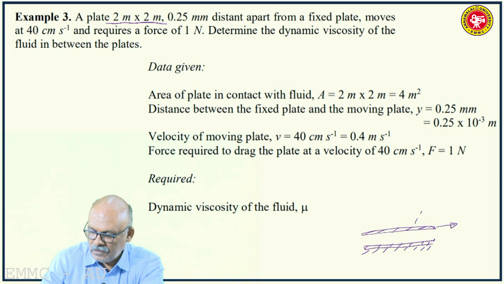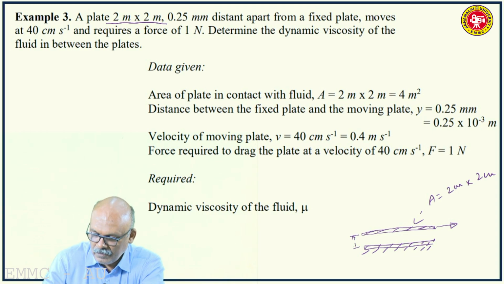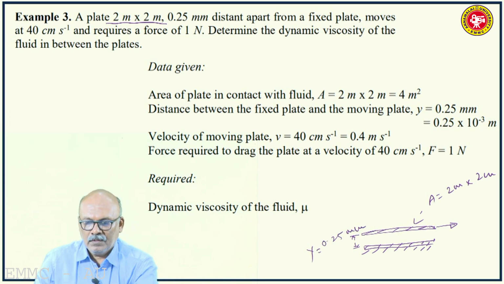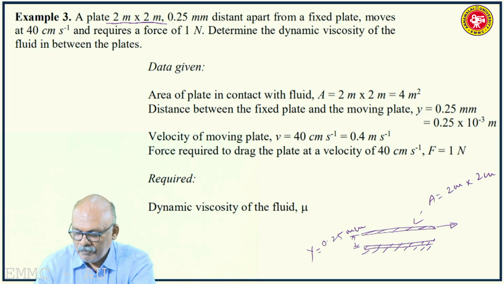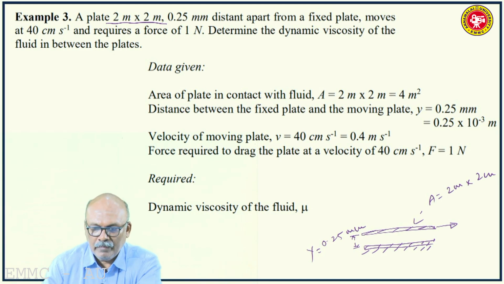The area is 2 meters by 2 meters surface area. It's a flat plate, and this distance, that is y, is equal to 0.25 millimeters. So the spacing between the bottom fixed plate and the upper moving plate is 0.25 millimeter.